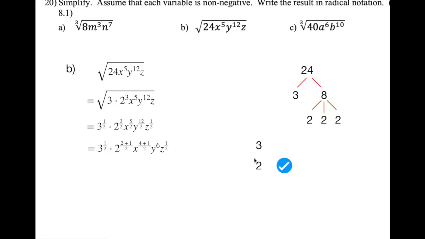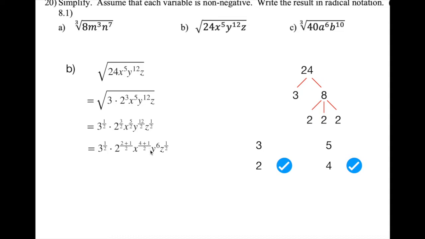And for the next part, x has a power of 5 over 2. Again, 5 is not a multiple of 2. So we use the countdown method. 5, then 4. 4 is good because 4 is a multiple of 2. So we rewrite this 5 as 4 plus 1.